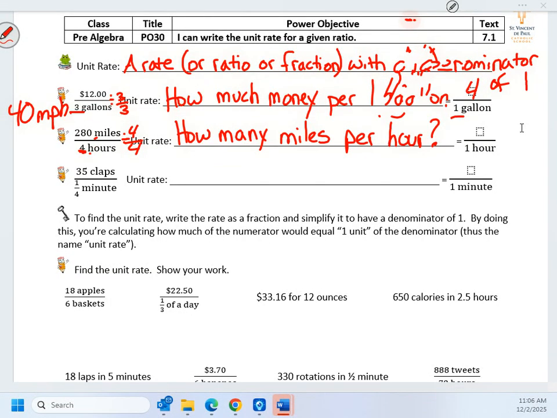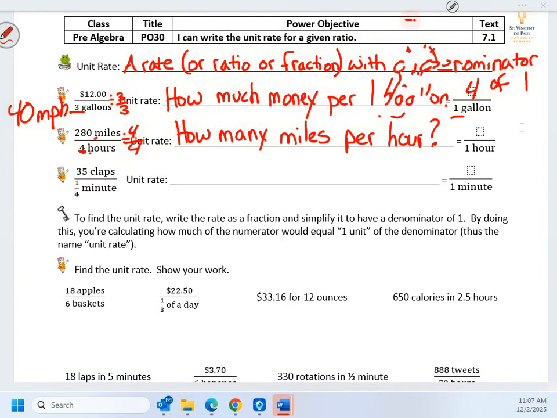Right? Now, I have 280 miles. How do I figure that out? Leo? Yeah, 280 divided by 4. So you were trying to jump ahead on me. Don't jump ahead. Listen to the questions. 280 divided by 4 is what?